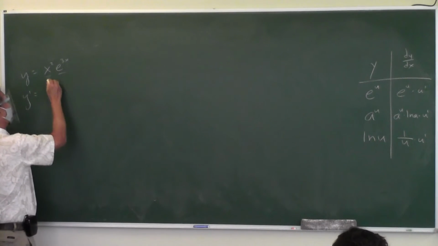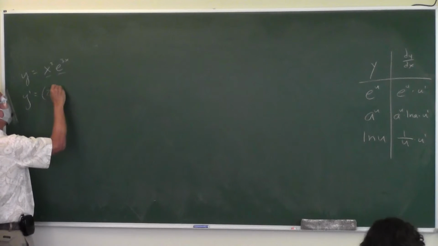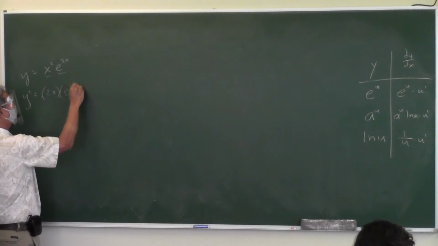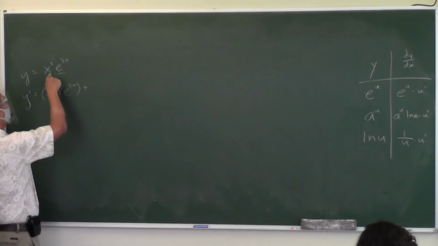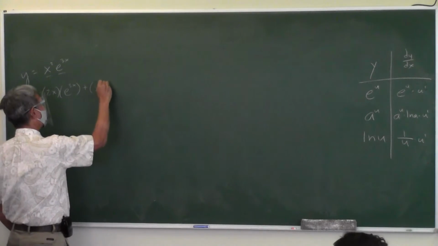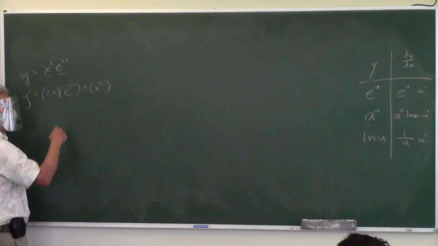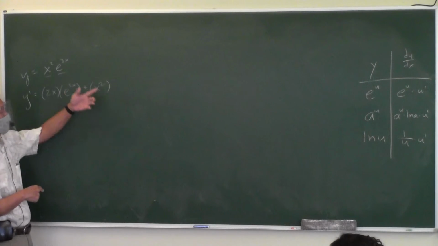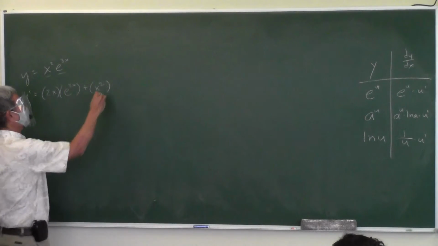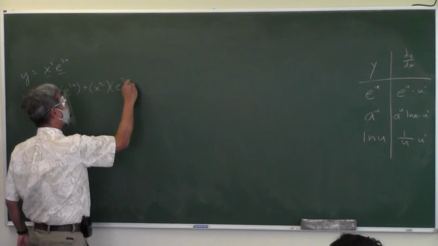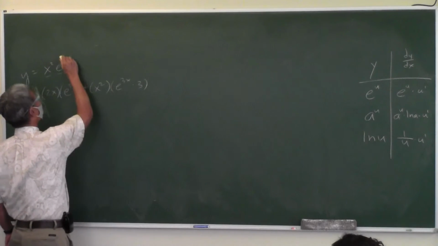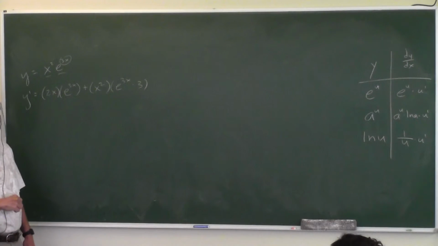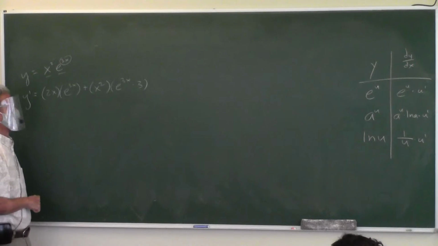Derivative of the first, leave the second alone, plus leave the first alone, derivative of the second. What's the derivative of e to the box? We just learned it: e to the box times the derivative of the box. The derivative of 3x is 3. Easy.